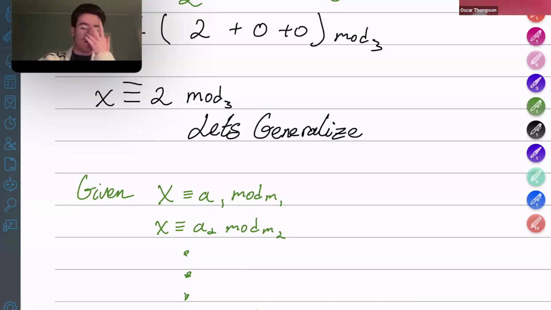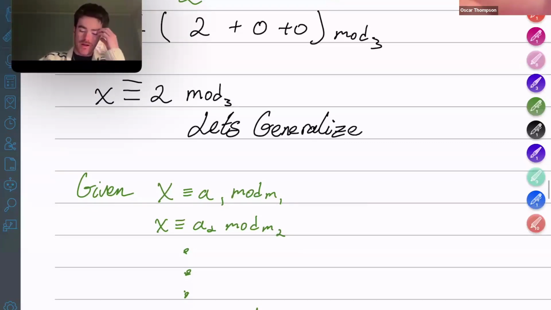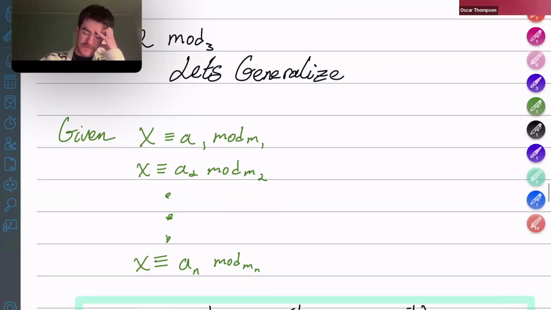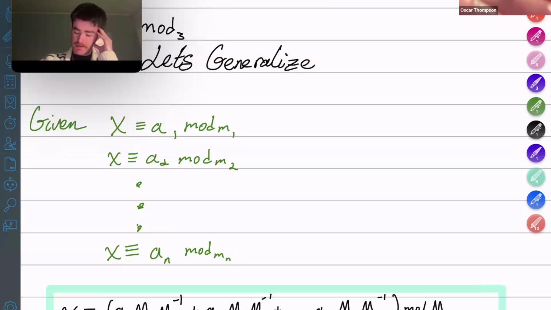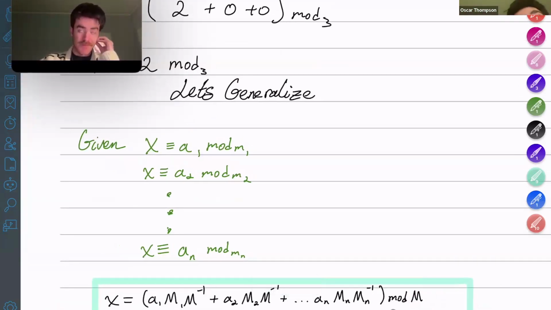We'll try to do this in one breath, but here is the generalized formula. x is equal to a sub 1 times m sub 1 times m sub 1 inverse, plus a sub 2 times m sub 2 times m sub 2 inverse, plus and so on, up to a sub n times m sub n times m sub n inverse, mod big M. All right, that's the Chinese remainder theorem.